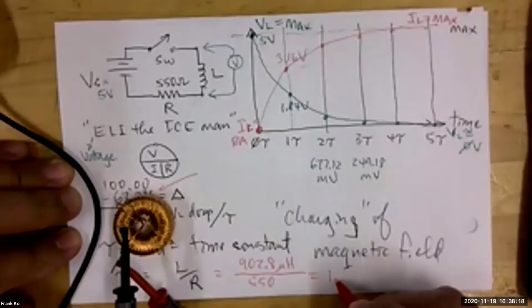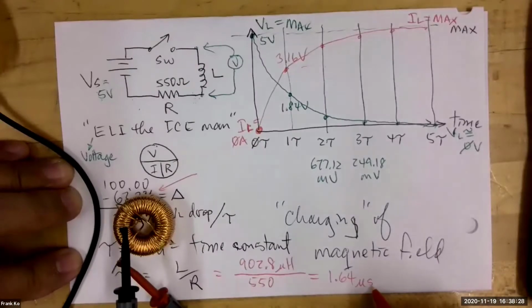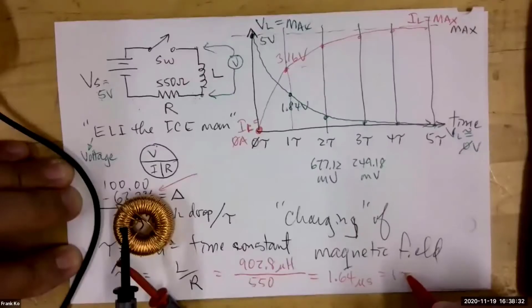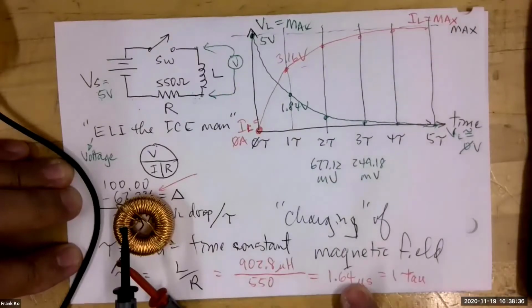Time is measured in units of seconds. Yeah, 1.64 microseconds. So that is equal to 1 tau. Okay, 1 tau is 1.64 microseconds.